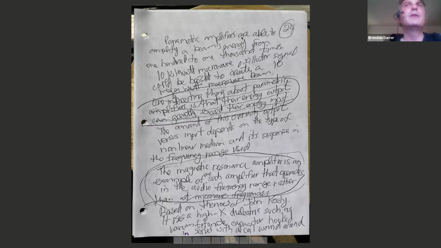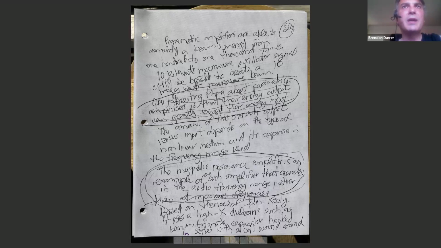Parametric amplifiers are capable of amplifying a beam's energy from 100 to 1000 times. A 10 kilowatt microwave oscillator signal could be boosted to operate as a 10 megawatt microwave beam.